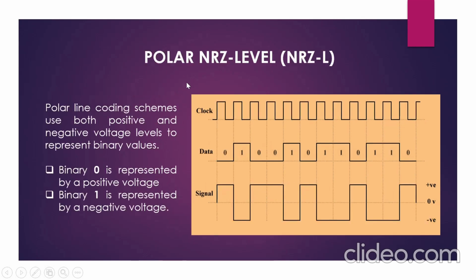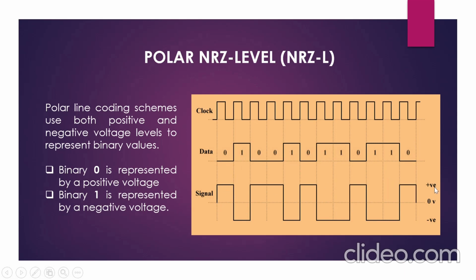Then there is polar NRZ level, also known as NRZ-L. Here binary 0 is represented by a positive voltage, but binary 1 is represented by a negative voltage. This is your data, and your signal would be, for 0, a positive.